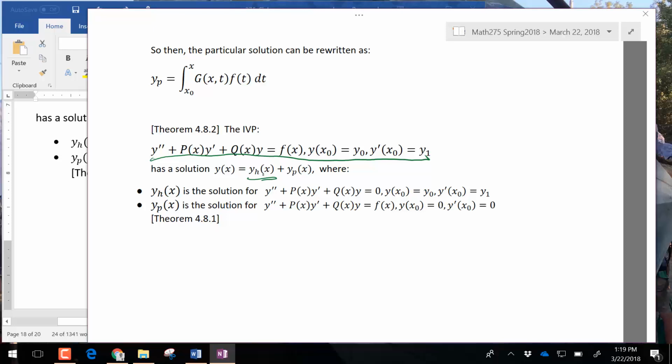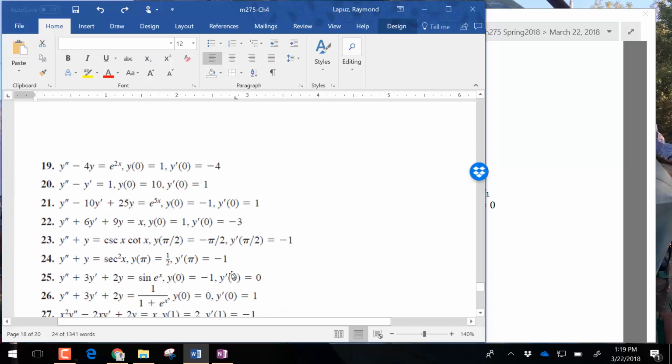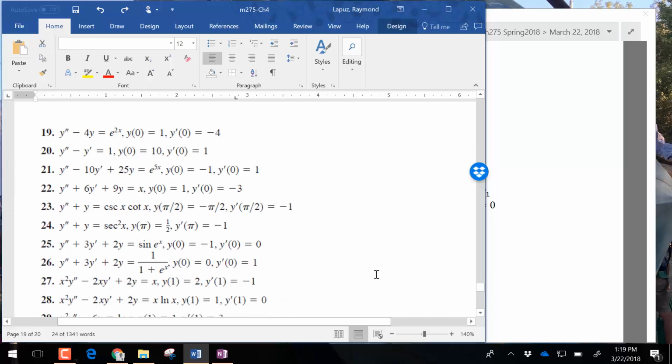Okay. So let's see if we can use Green's theorem to solve for some of these differential equations. Do I have examples here? Yeah, there's some examples.